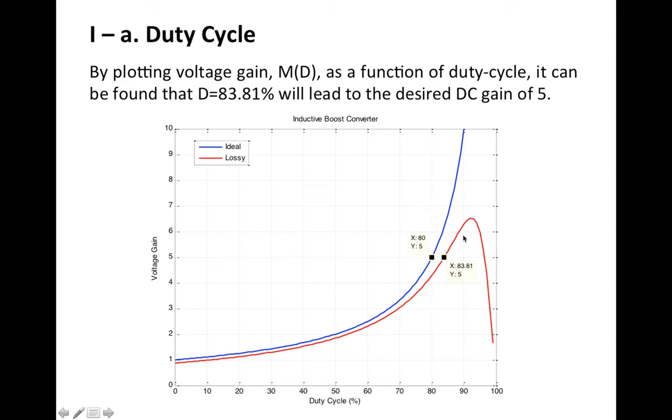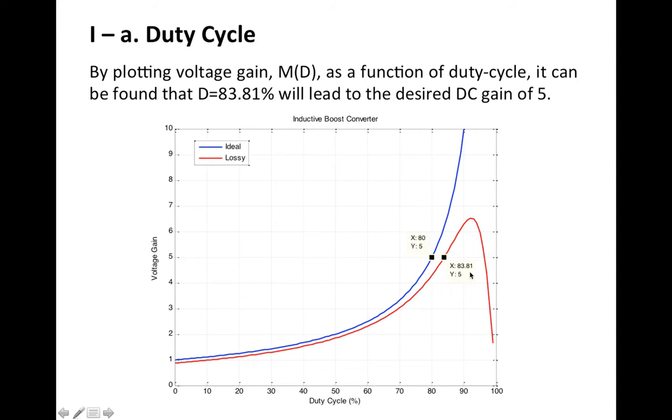Specifically, we are interested in the point where our gain crosses the value of 5, where the input voltage of 4 volts will give us 20 volts output. This is what we need for our application. In the case of the ideal converter, that happens at 80% duty cycle, as you can see here.